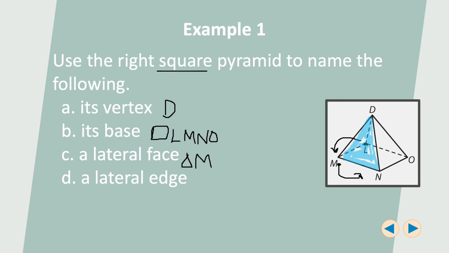So that's M, N, D. You could also call it triangle DNM or DMN, so long as you're doing it in an order. And then the lateral edge. I'm going to highlight that in a different color. We have four lateral edges. Well, we could just name one of them. Let's do DM. There we go. And don't forget that segment line on top, because that reminds us that it is a segment. It's a lateral edge.